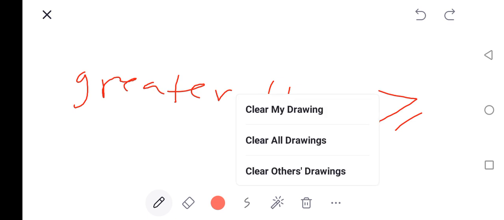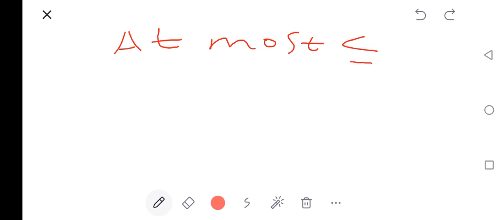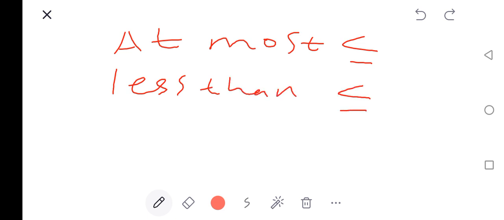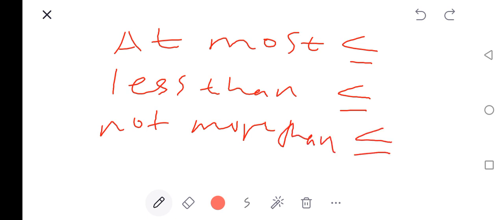The second set of words: at most means less or equal to. Less than means less or equal to. Not more than means less or equal to.